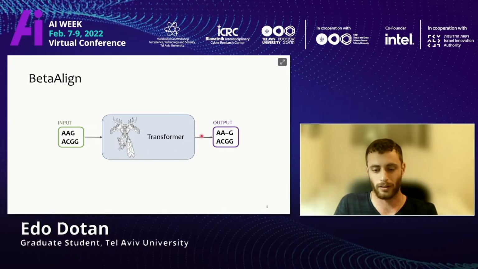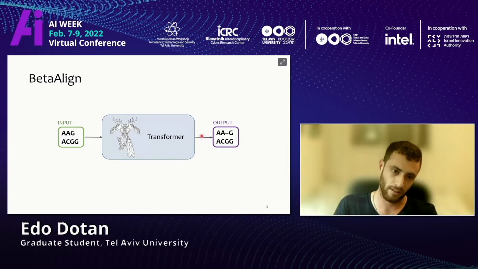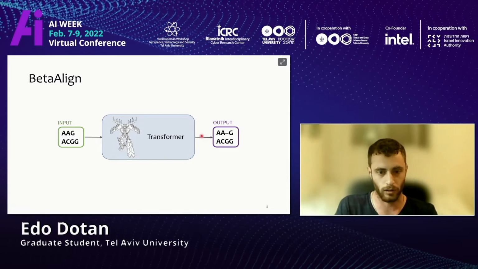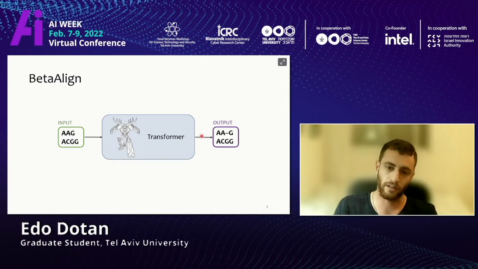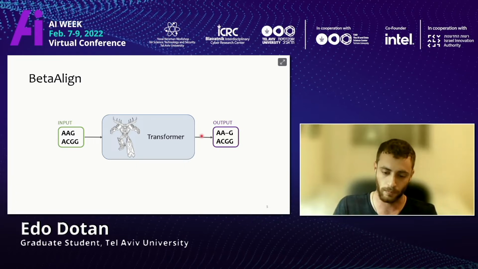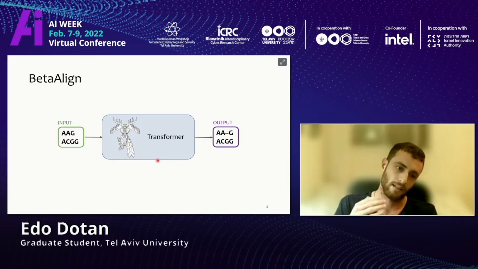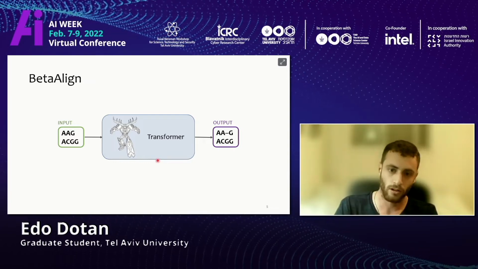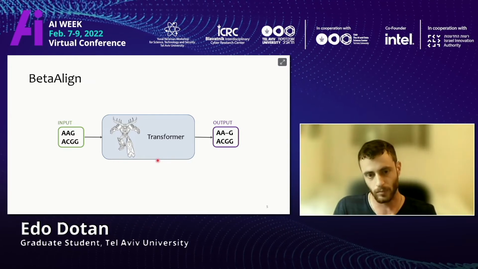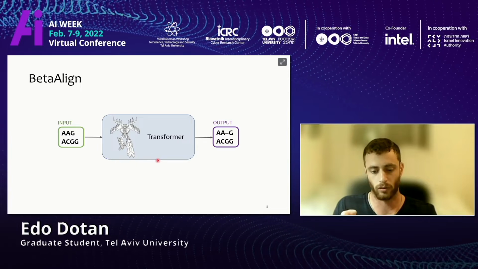So what we did, we considered the input sequences as an input language, and we considered the alignment, the result, as an output language, and then we trained the transformer to translate the unaligned sequences to the aligned sequences. When we did it, we needed to consider 2 things.